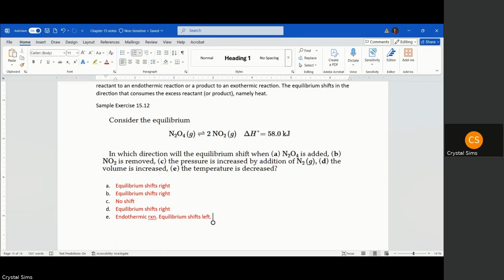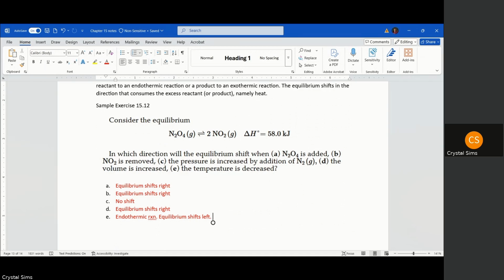The volume is increased. Well, if the volume is increased, then that means we need to generate more moles of the gas. And the way to do that is to make more product. So equilibrium shifts toward the product side, which is to the right. And then our last one, looking at the decrease in temperature, we see delta H there is positive.